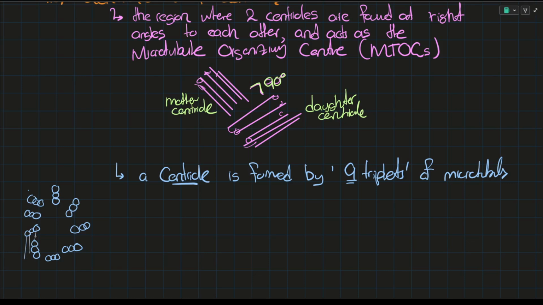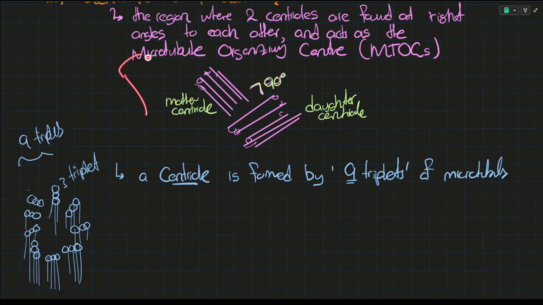And then, of course, they are 3D structures. Do you see? It's a long type of structure. So that is a triplet, and you can clearly see we have 9 triplets. That's why this structure looks weird. That's why I just didn't draw 2 cylinders. They're not 2 cylinders at all.